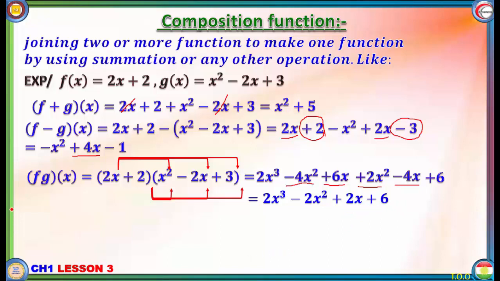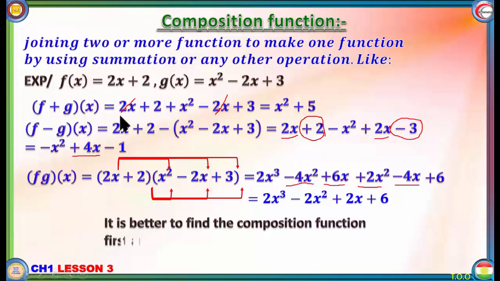Therefore (f times g)(x) is equal to 2x cubed minus 2x squared plus 2x plus 6. To find the domain and the range of this kind of function, it's better to first find the function, after that try to find the domain and the range.